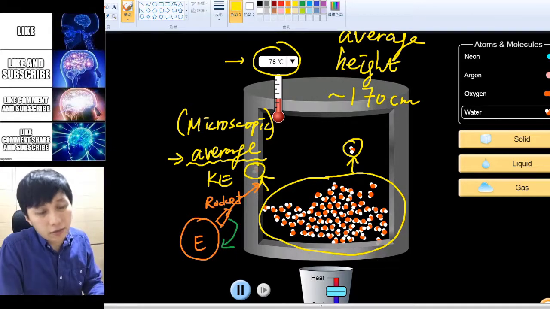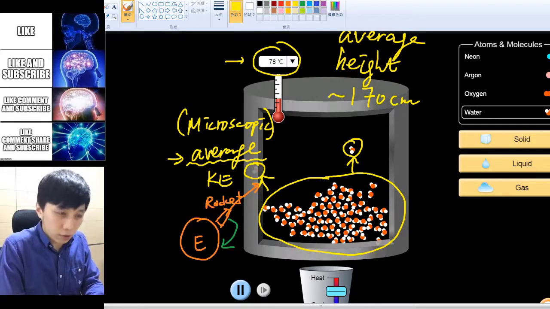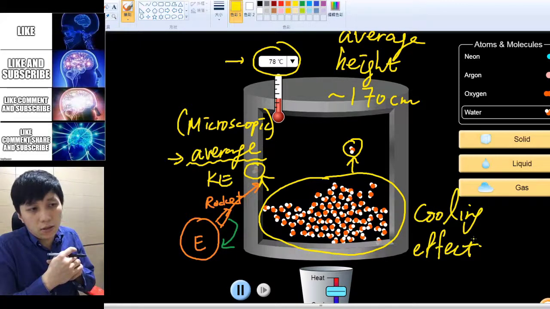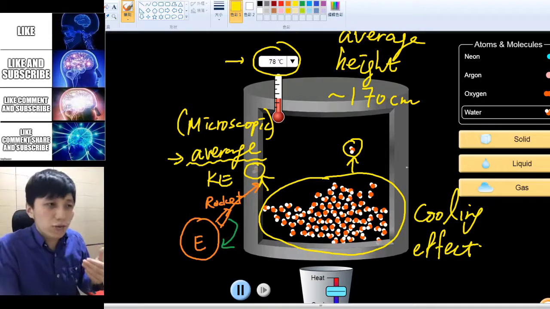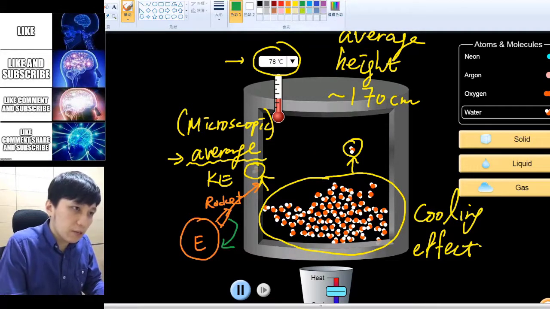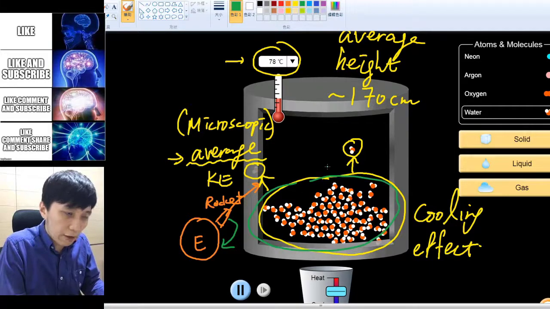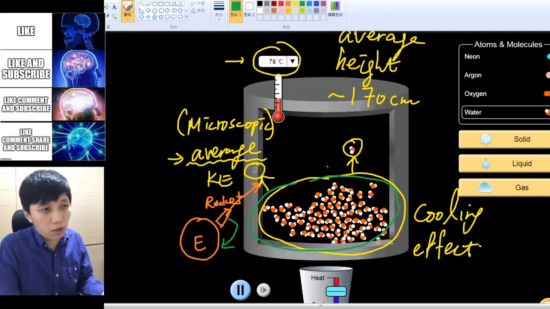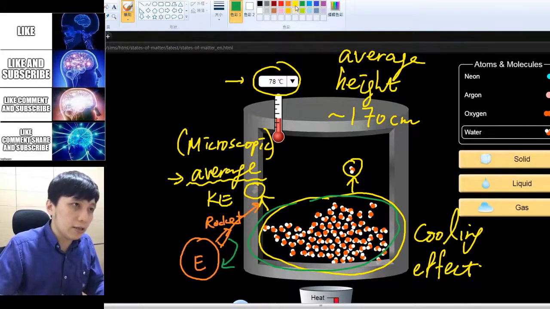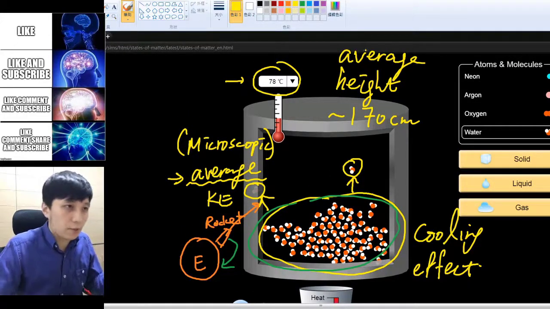The other thing that you may notice from your textbook is that evaporation will also give you something called the cooling effect. That is saying when you evaporate a certain particle, the remaining group will have a lower temperature. Once again, this can be explained using the idea of average. Think about this again.